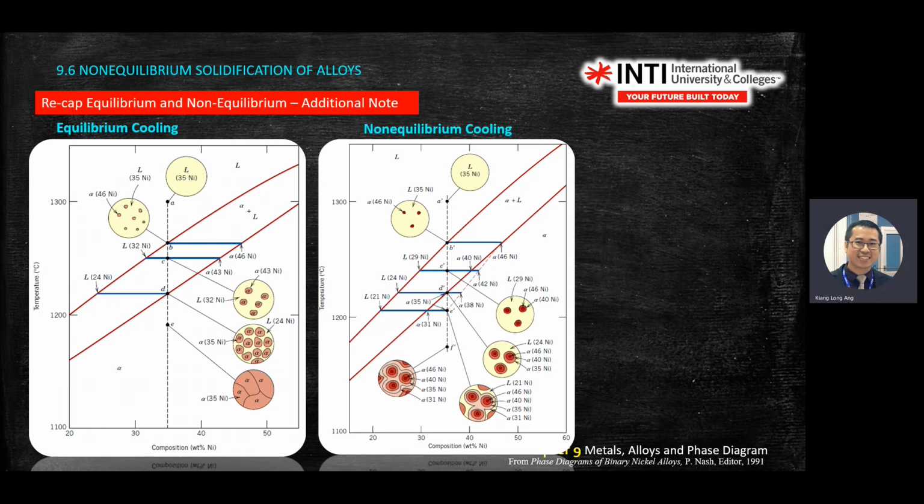Now, for non-equilibrium, the biggest difference, if you look at the diagram, is that you will see layers, like a tree, the tree lines.